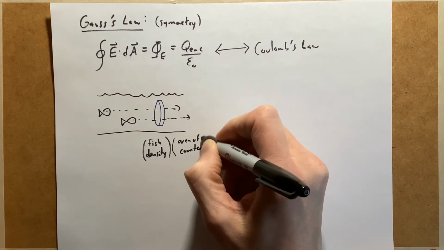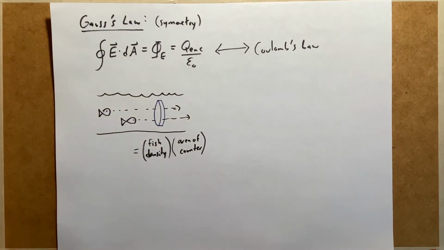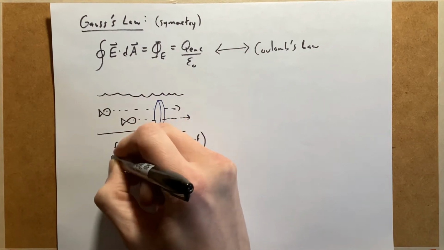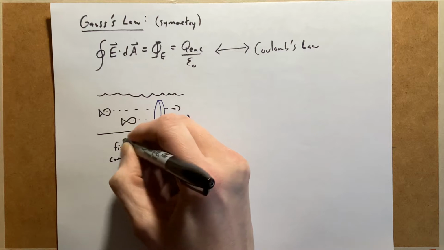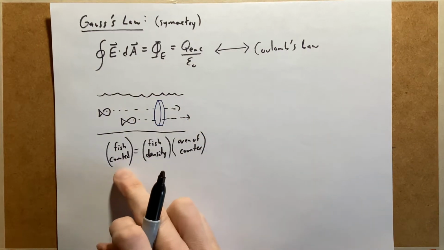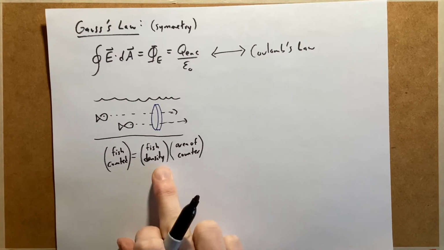I don't want to actually harm the fish, I just want them to swim through and count them. If I multiply those two together, then I get some measure of the fish that I've counted. So this thing on the left-hand side is actually my measurable: how many fish did I count? That's going to be the proxy for this underlying fish density that I don't know.